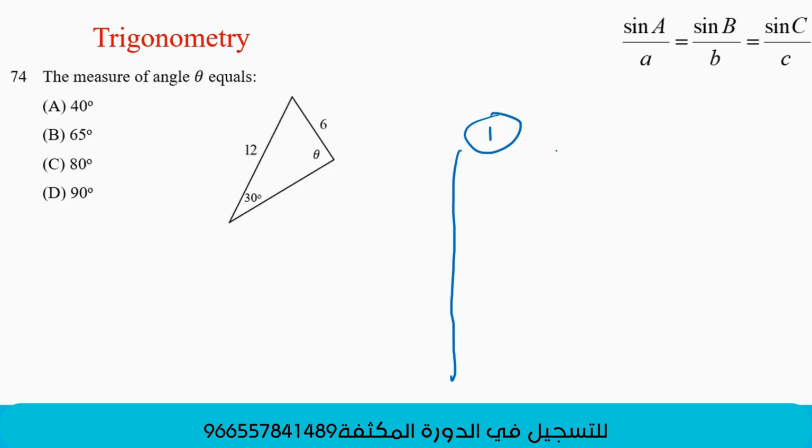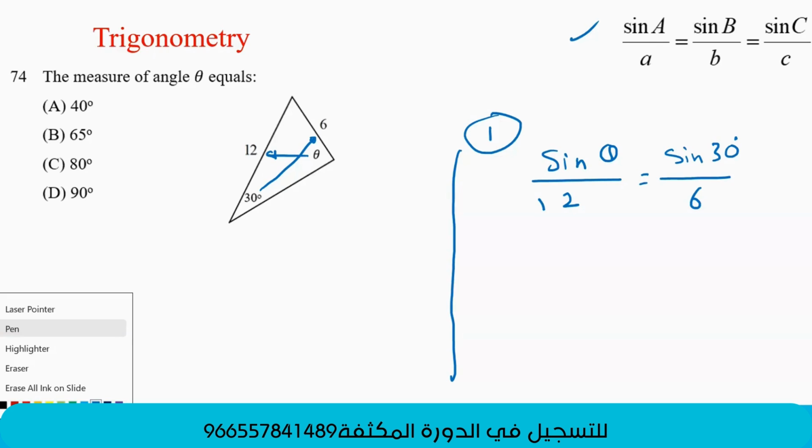So the formula says sine theta over 12 is going to be sine 30 over 6, isn't it? Because this is opposite to 12, and this is opposite to 6. I'm just applying the formula. Easy. So you can simplify.